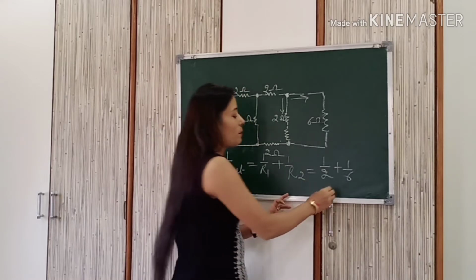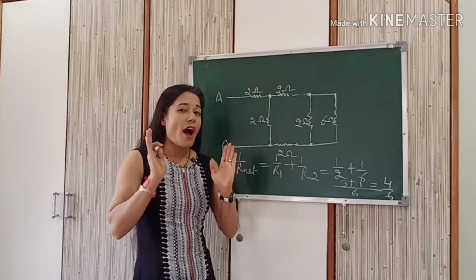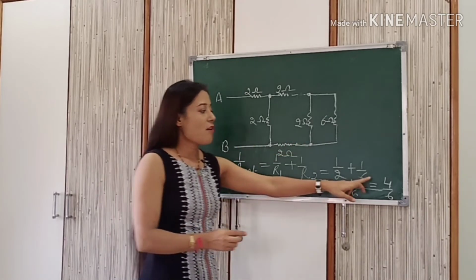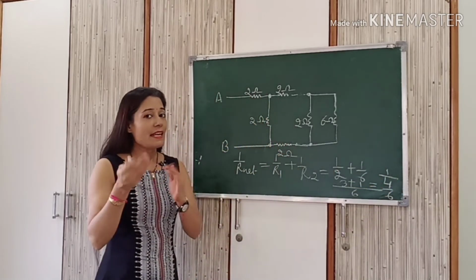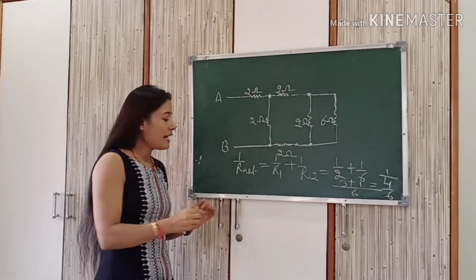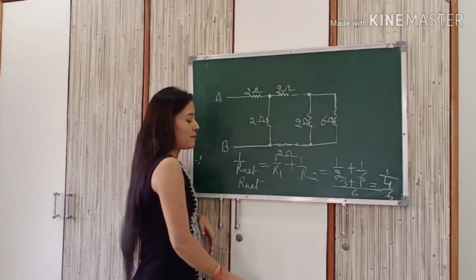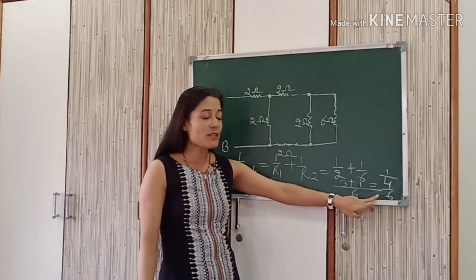So what will be the resultant? Our equivalent of these two resistances is 1 upon 4 upon 6. That is reciprocal, so we will have to invert it, and what will be the R net? R net will be 6 upon 4, because we have inverted 4 upon 6.